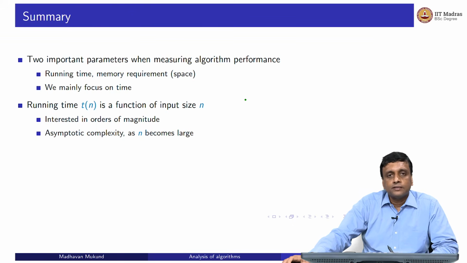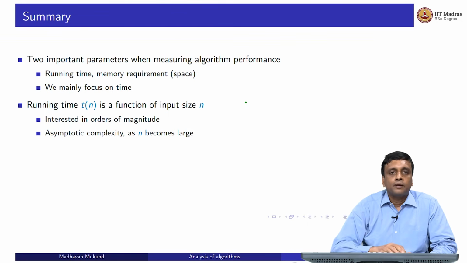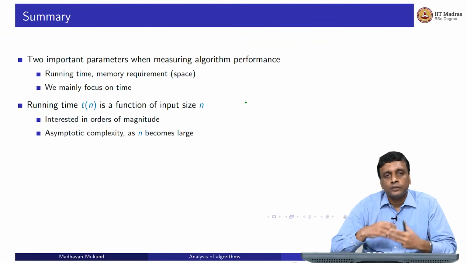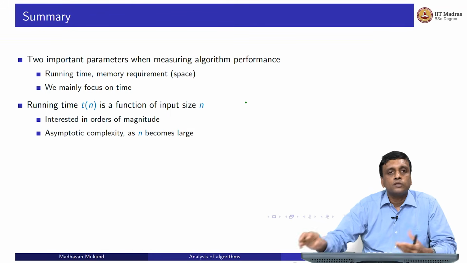And we are interested in this up to some order of magnitude. So we will ignore constants, we will kind of collapse things into basic operations and not worry too much about what constitutes a basic operation. And finally, we are looking at this thing asymptotically. So we are not interested in the performance for a fixed n, but rather what happens as n becomes large. So as this algorithm works on larger and larger inputs, how does the behavior change?